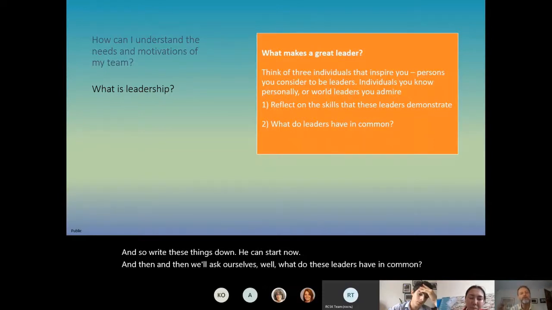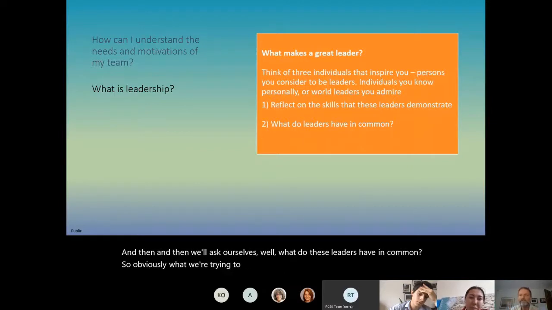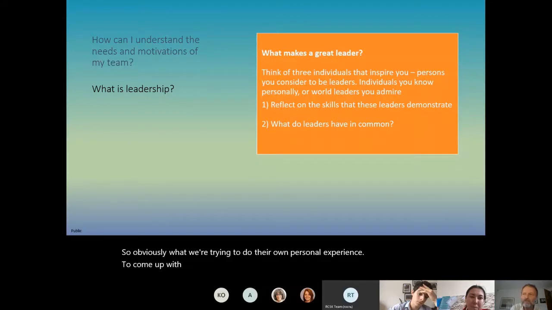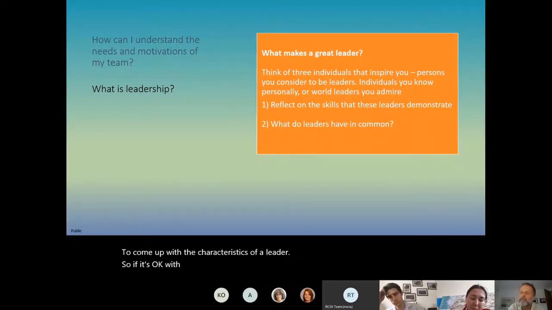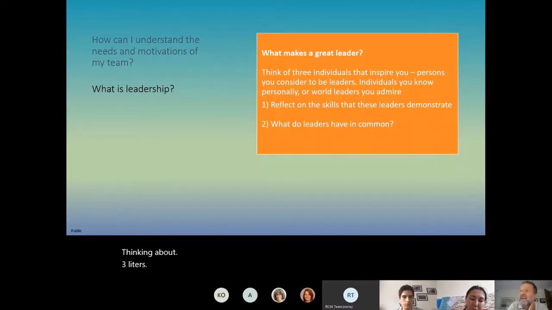So obviously what we're trying to do through our own personal experience is to come up with the characteristics of a leader. If it's okay with you, spend maybe just another minute thinking about 3 leaders and reflecting on their skills, their behavior, their attitudes.